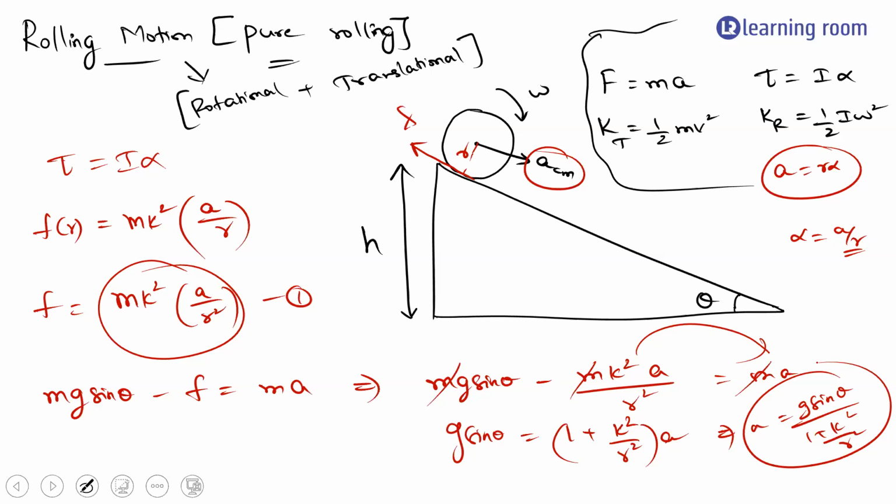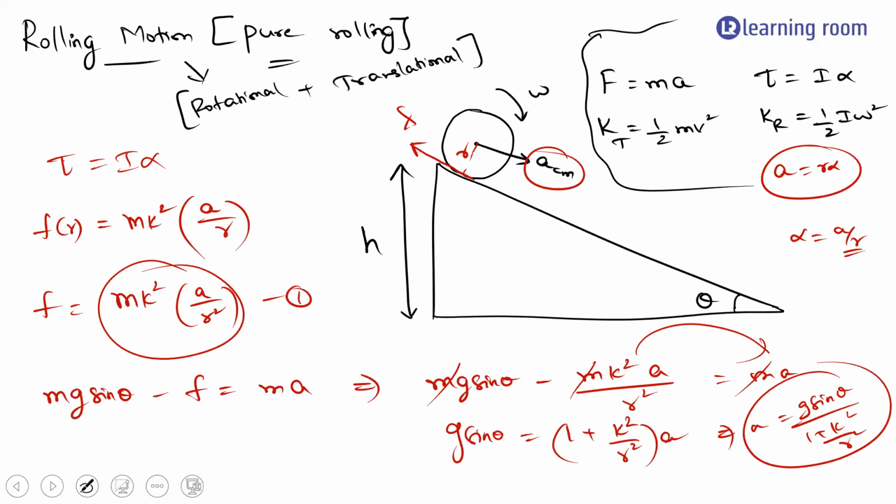The next question is about the velocity with which it is going to reach the point. How do I calculate the velocity? It's very simple. Can I say that the potential energy that the object has is getting converted to rotational kinetic energy and translational kinetic energy, because the object is rotating and translating.